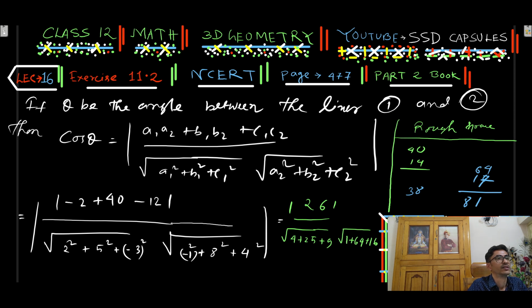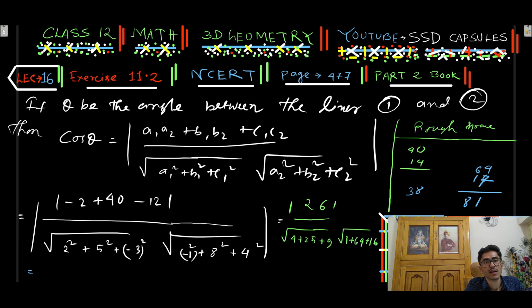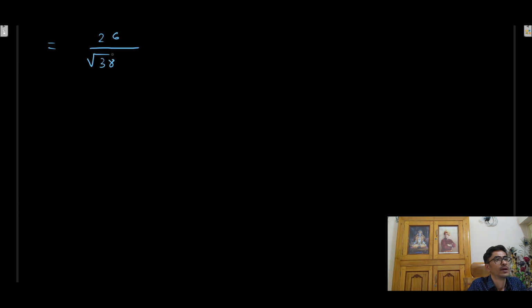So next page, this page we have to solve. So it is 26 by root over 38, and what is root over 81? 9. So answer.